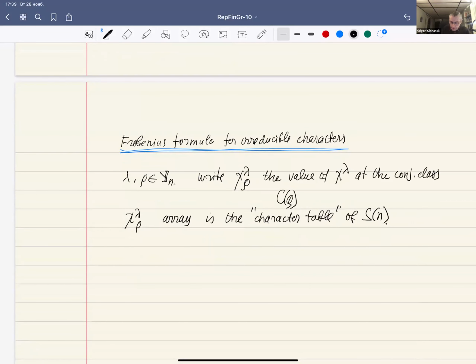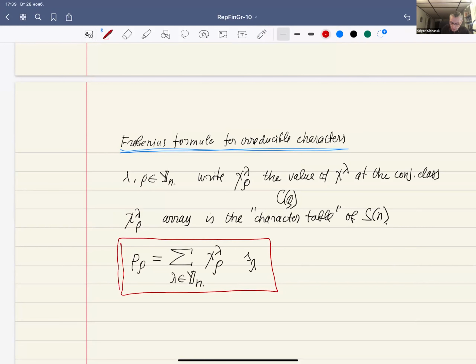So the formula of Frobenius says that these quantities, the values of the characters at the conjugacy classes, appear as the coefficients in the expansion of the power sum p sub rho on Schur symmetric functions. So this is truly the great formula of Frobenius.